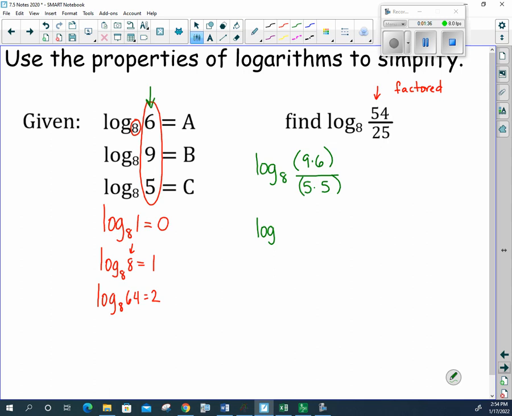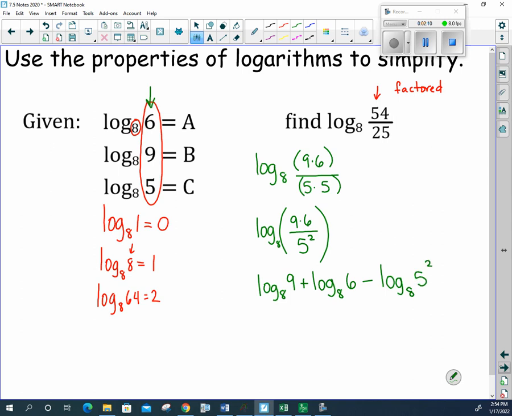Before I do that, though, I'm going to think of the 5 times 5 in terms of 5 to the second power, so 5 squared. Like that. Okay, so when I expand it out, it's going to be log base 8 of 9 plus log base 8 of 6 minus log base 8 of 5 squared.